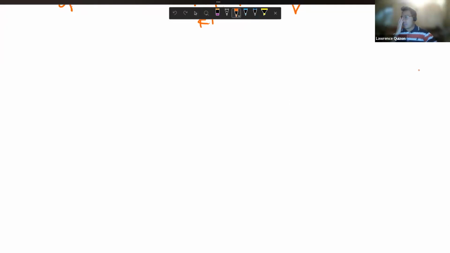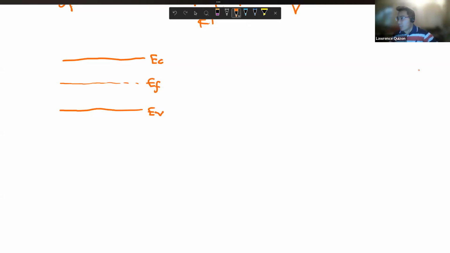yung Fermi energy levels, no? So let's take for example, 'di ba? So kung yung EF mo is nandito sa gitna, no? This is an intrinsic semiconductor, no? This is intrinsic silicon. So if I tell you guys that this is silicon, how many electrons would be up here? 10 to the 10, right?